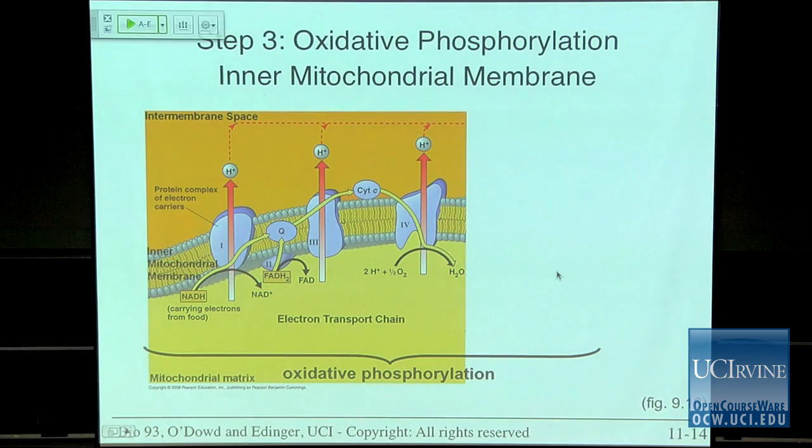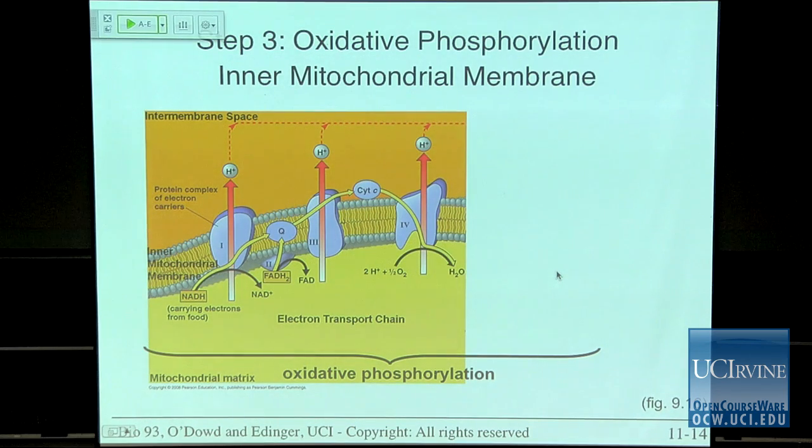And now we go to oxidative phosphorylation, where we're actually going to produce ATP, but not until the end of oxidative phosphorylation. So this occurs in the inner mitochondrial membrane. In this diagram, this part is the mitochondrial matrix. This is the intermembrane space, and this would be the outer smooth membrane.